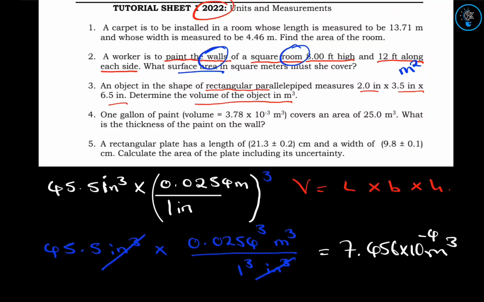You can write it this way, or if you want, you can write it as a decimal number this way: 0.0007456 meters to the power 3.